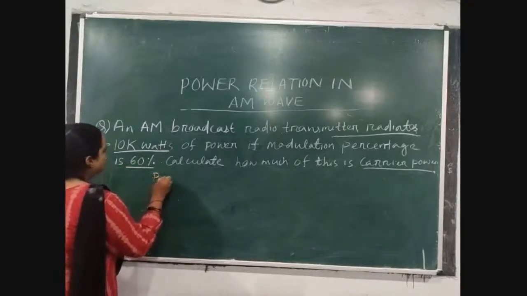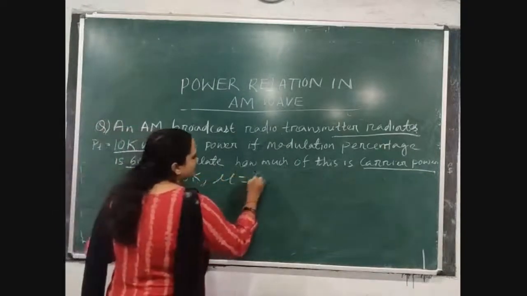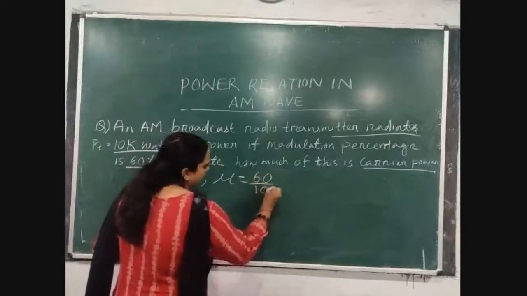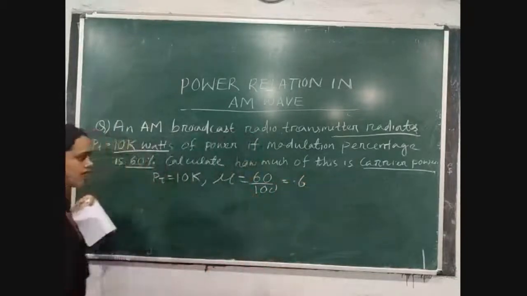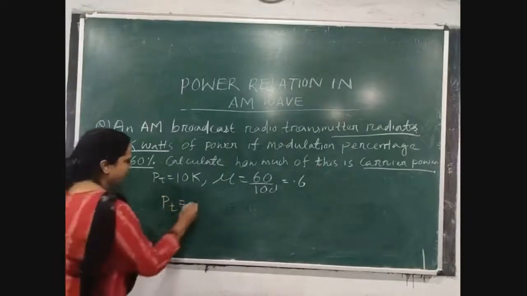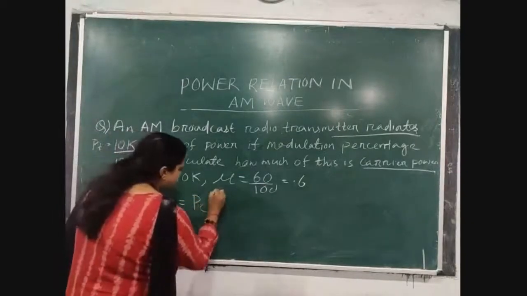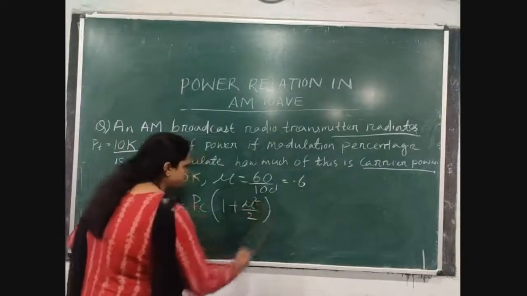So PT equal to 10K, mu is 60 by 100 means 0.6. Then we have to find out PC. So we know the exact formula, that PT equal to PC into 1 plus mu square by 2.